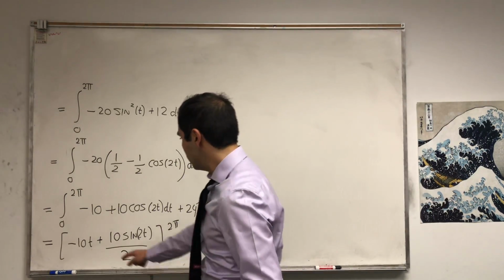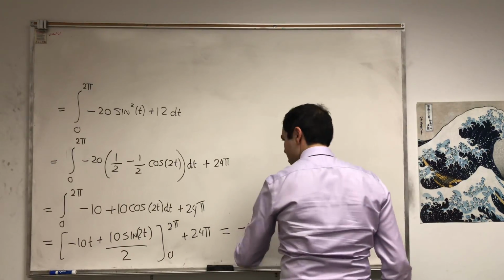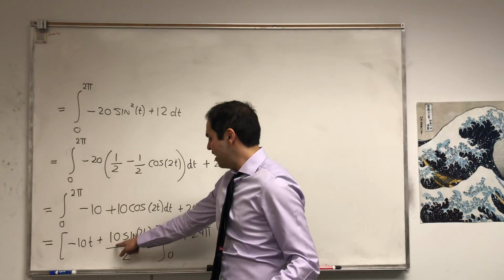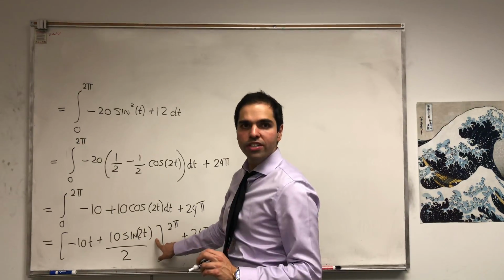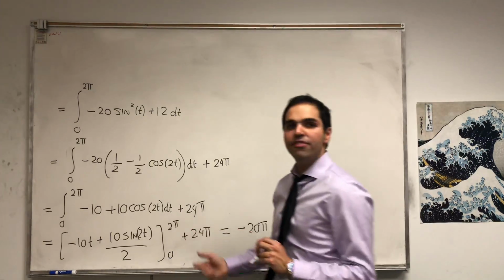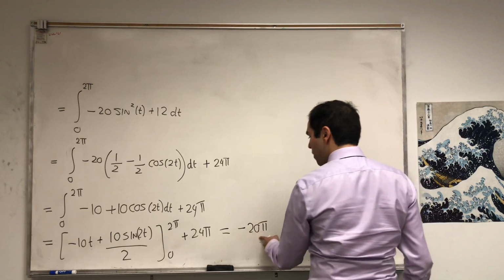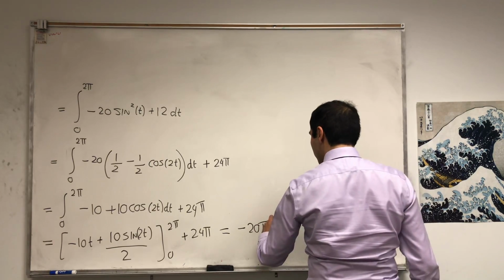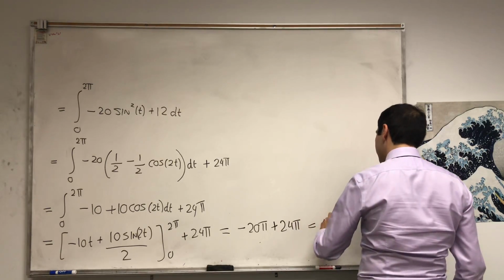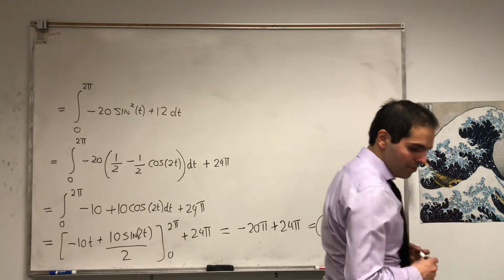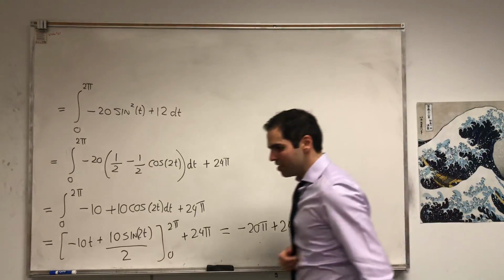And then I think what we get is minus 20 pi plus 5 sine of 4 pi, which is 0, minus 5 sine of 0, which is 0. So in the end, we get minus 20 pi plus 0 plus 24 pi. And in the end, I believe the answer is just 4 pi. Let me just check. Yes, indeed, that is correct.